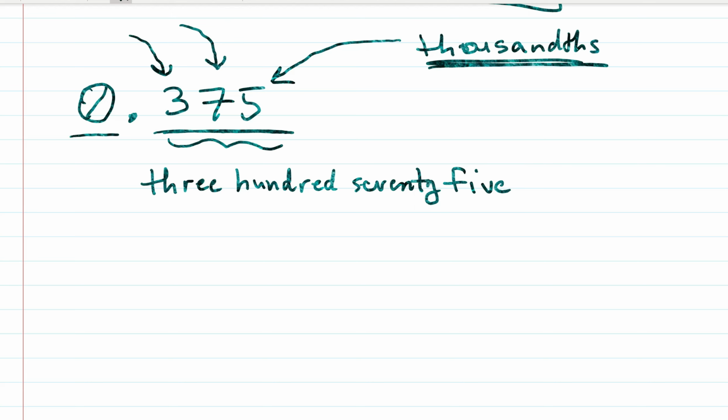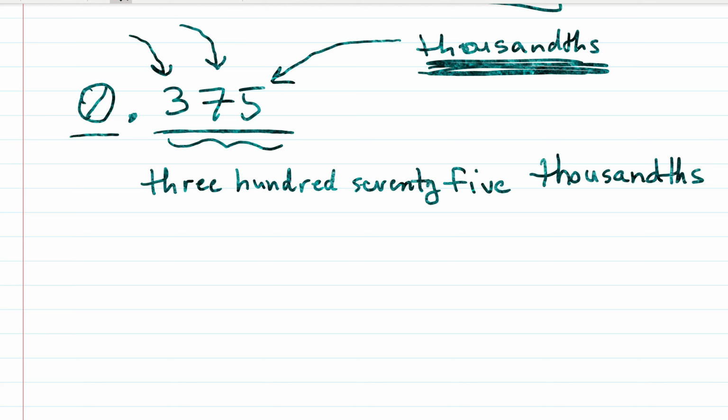So this is how we'll say it, 375, and then whatever place that last number is in, that's going to be what we call it, 375 thousandths.